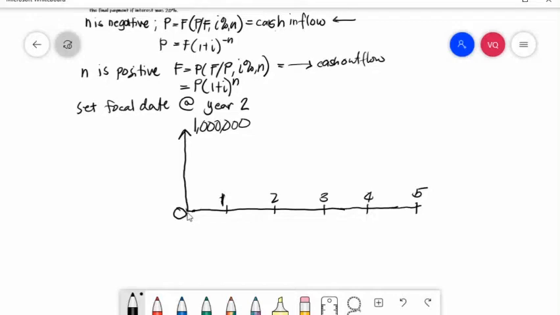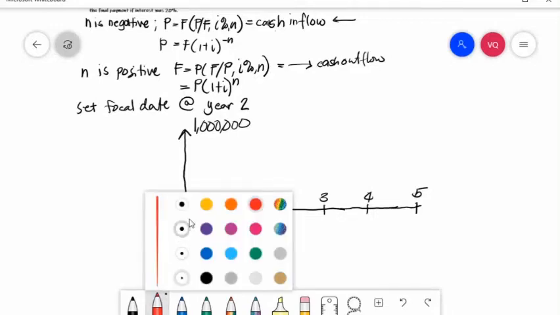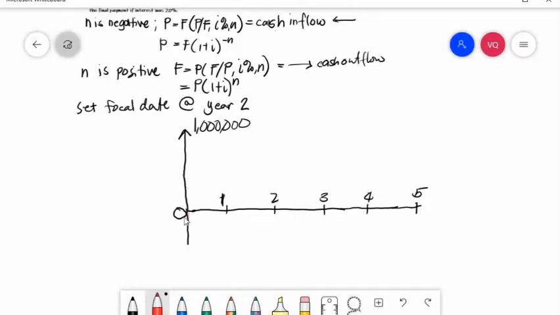And the down payment equal to 200,000. So our focal date is at year 2. This is our focal date.